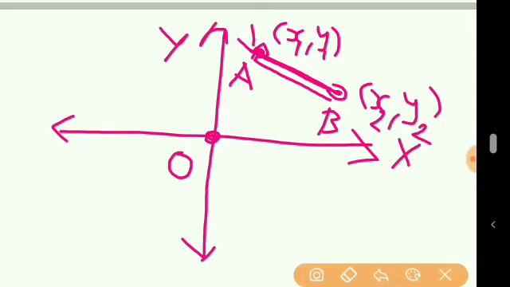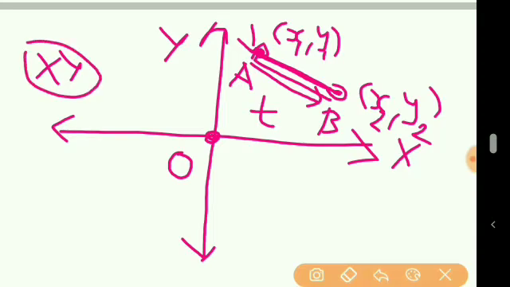But for this much displacement it will take some time. So an xy plane is a frame of reference having a clock with it. Why is the clock there? To measure the time, because time is also an important physical quantity when motion is considered. Why?